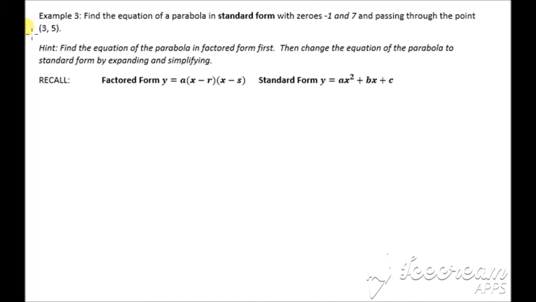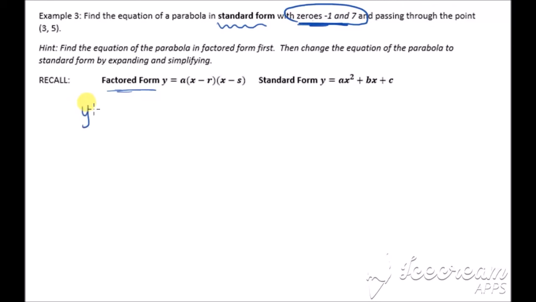Example 3. Find the equation of the parabola in standard form with zeros negative 1 and 7 and passing through this point. We saw a question like this before. We're not able to actually start with standard form. If we're given zeros, we want to start with factored form. Here's your hint: find the equation of the parabola in factored form first, then change it to standard form by expanding and simplifying.